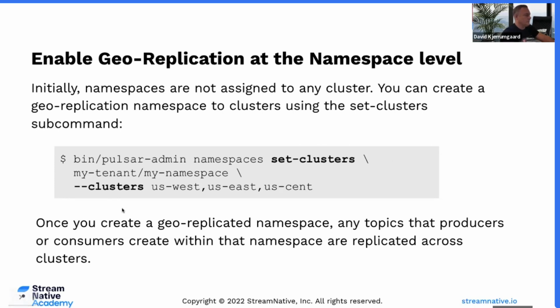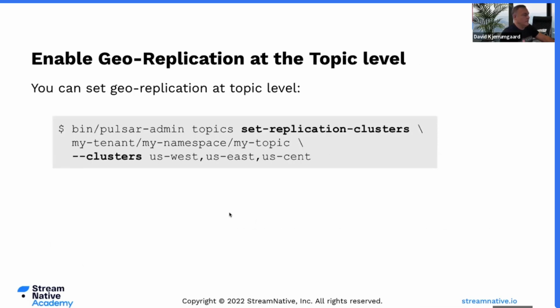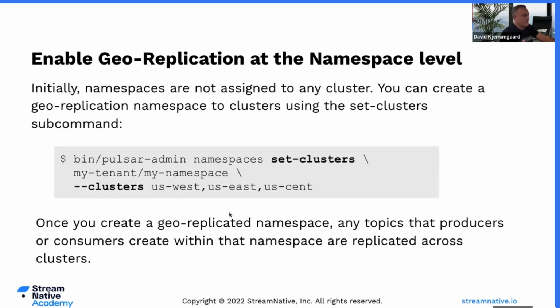Now, once you've created this geo-replicated namespace, any topics that producers or consumers create within that namespace are replicated across those clusters automatically. So the next step is if you've created a topic on my tenant, my namespace, and start producing, automatically with this policy in place, it will geo-replicate that data. All the produced data that's published on US West will get replicated to US East and US Central in that regard. So that happens automatically. You can further control it at the namespace level, so that's globally for all the topics in this namespace.